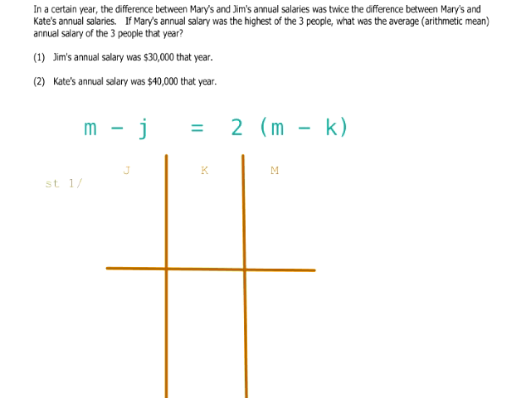So for statement 1, you have to pick 30,000 for J. Let's just put 30, so we don't need to keep putting the zeros there. If M is, let's say, 50, then M minus J is 20. So that means that would have to be 10, and so K would have to be 40. And then the average is 40.